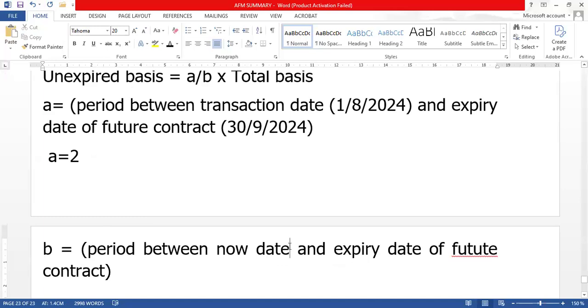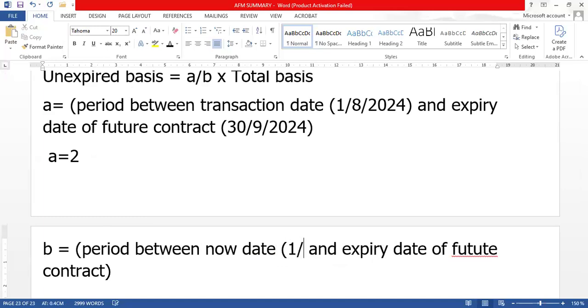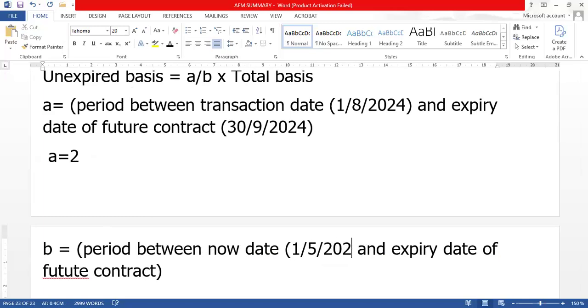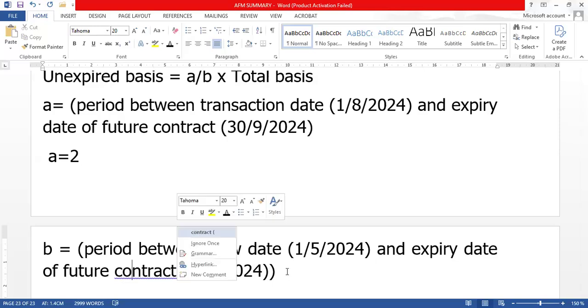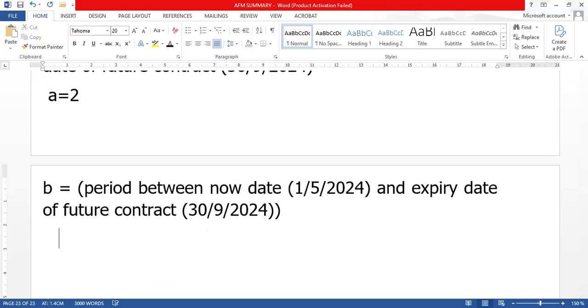So the now date is 1st May 2024, and the expiry date of the contract is 30th September 2024. If you can master this thing, it will not be hard for you. So how long is that period? How many months? 5 months. Here these are 2.